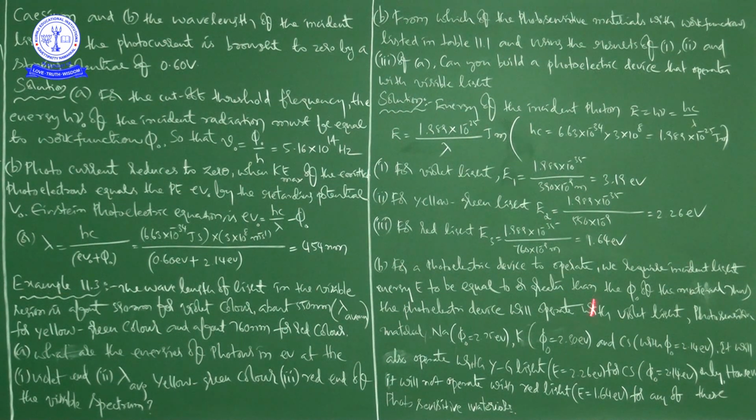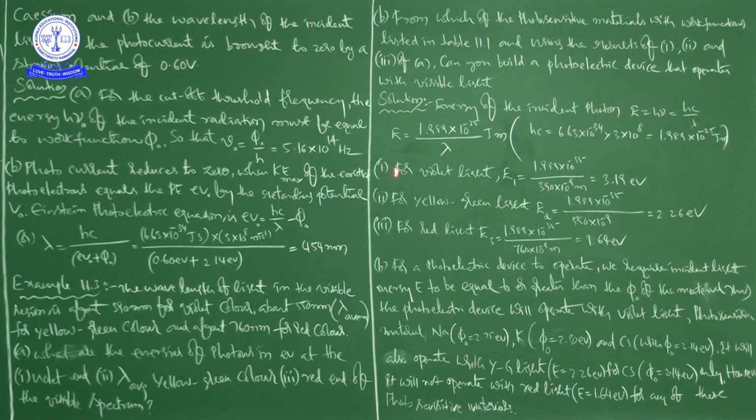But the hc value we know, and multiplying it will give 1.989 into 10 to the power of minus 25 joule meter, and in the denominator lambda.